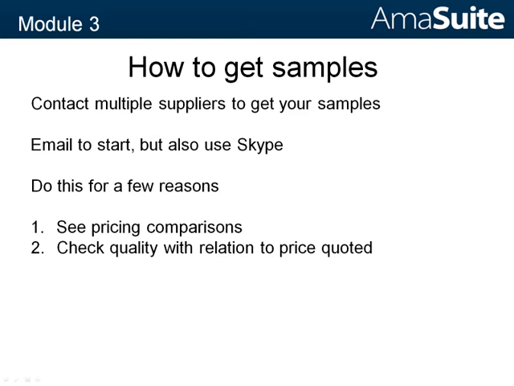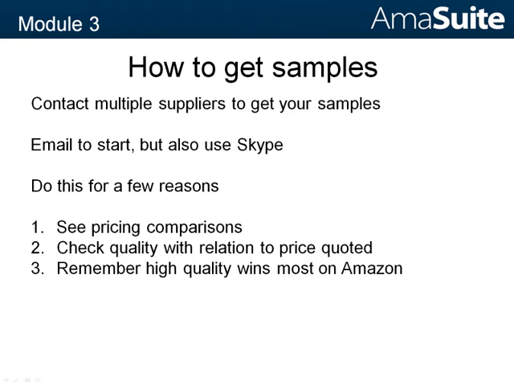So that's why you're going to want to get multiple samples from multiple suppliers. And lastly, you also want to look at the quality of the product. If you recall, when you sell on Amazon.com, it's a marketplace based on reviews, right? When you're on Amazon.com, are you more likely to buy a product that has a 5-star rating or a 3.5-star rating? Of course, you're going to buy the 5-star rating, which is why you want to go after higher quality products.